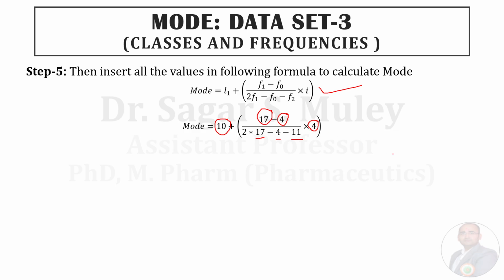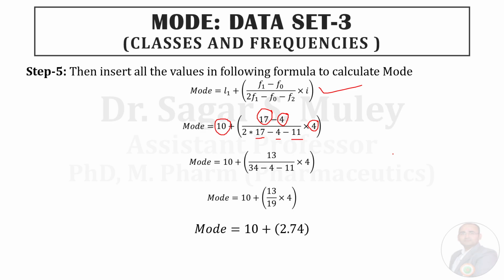So all these values are inserted in our formula, and after doing the calculations we can finally calculate the mode. After doing all the calculations, the final answer is 12.74. So 12.74 is the mode in this problem.